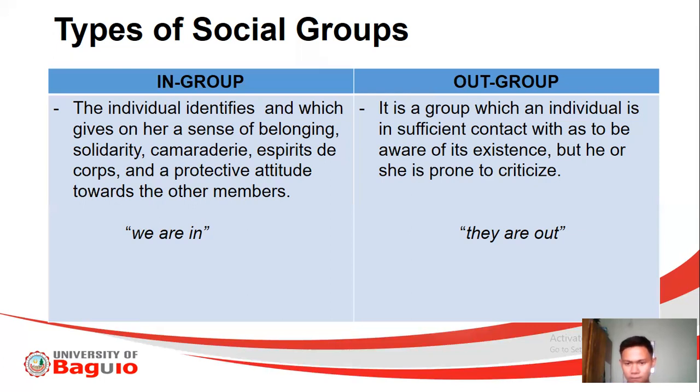However, for the out-group na ito, still may family pa rin na nagpa-practice ng isang culture, pero nung nagkaroon na ng mga anak, nagkaroon ng mga daughters itong isang family na to, and they have different attitudes, they have different cultures that they have adapted outside their own family, doon na nagkakaroon ng difference on the culture, or meron ng conflict between the belief or the culture of the family, and then the belief of that member of the family.